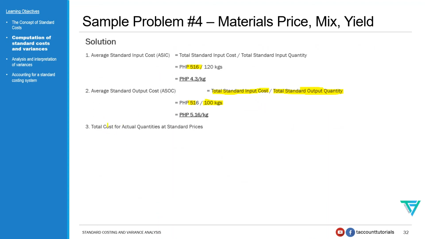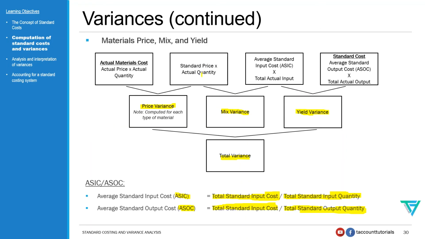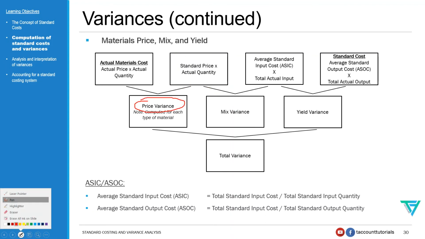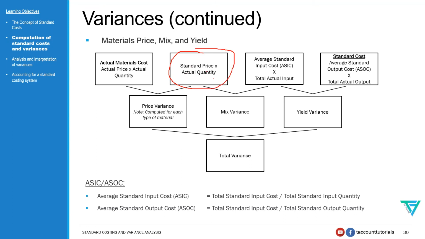And then lastly, we get the total cost for actual quantities at standard prices. Earlier we mentioned that to arrive at the price variance, we should compute this for each type of material. That starts by multiplying standard prices by actual quantities at this level.